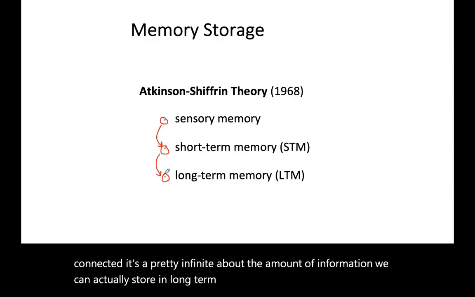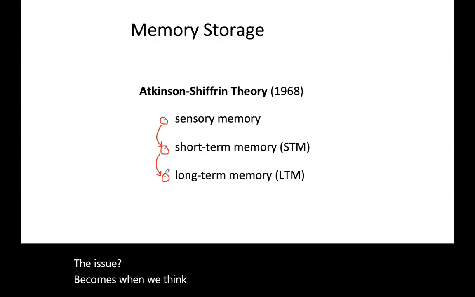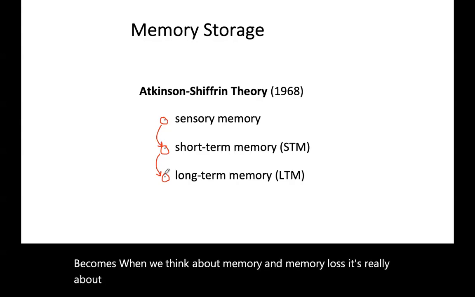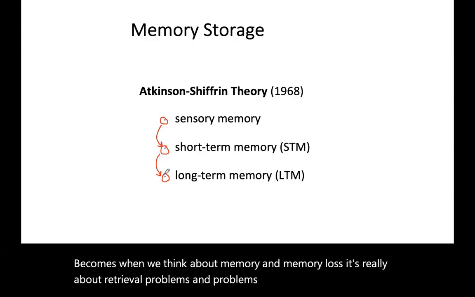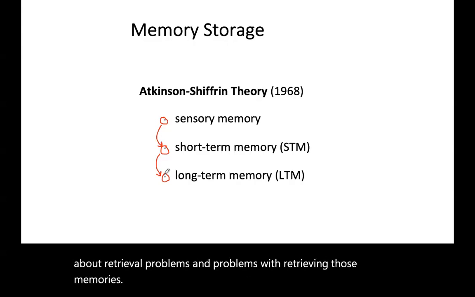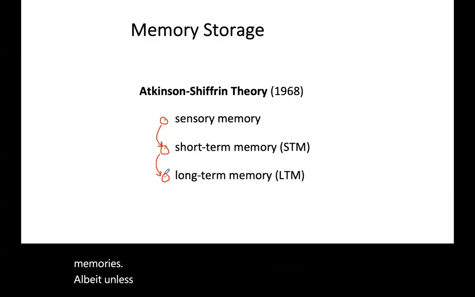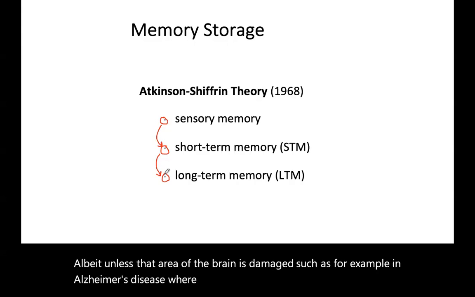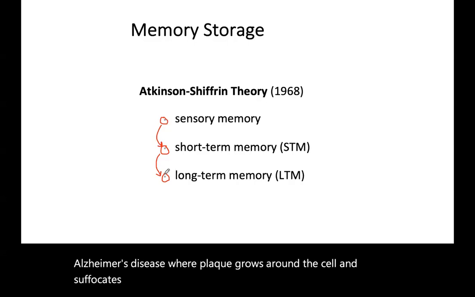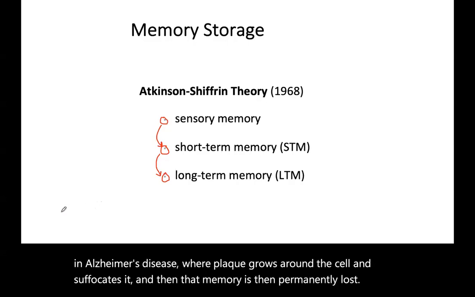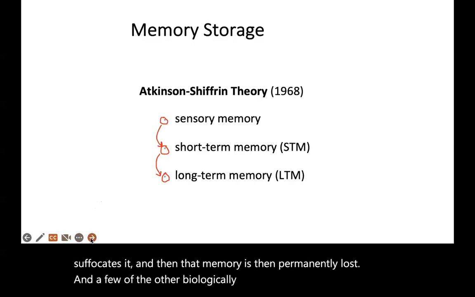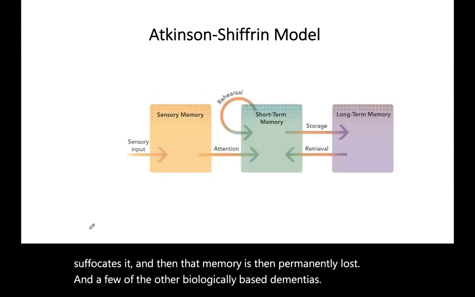The issue, when we think about memory and memory loss, is really about retrieval problems, unless that area of the brain is damaged, such as in Alzheimer's disease, where plaque grows around the cell and suffocates it, and then that memory is permanently lost, as in a few other biologically based dementias.